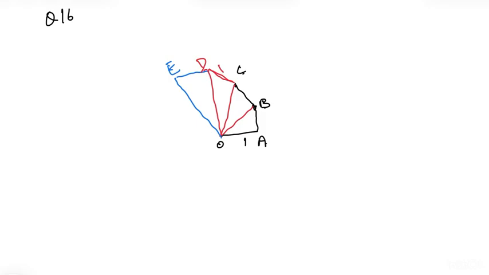OA is 1 unit, OB is 1 unit, then BC is 1 unit, CD is 1 unit, ED is 1 unit. Like this, 10 triangles are given. The question is to find the length of each hypotenuse. This is figure number 3.14, page 66.